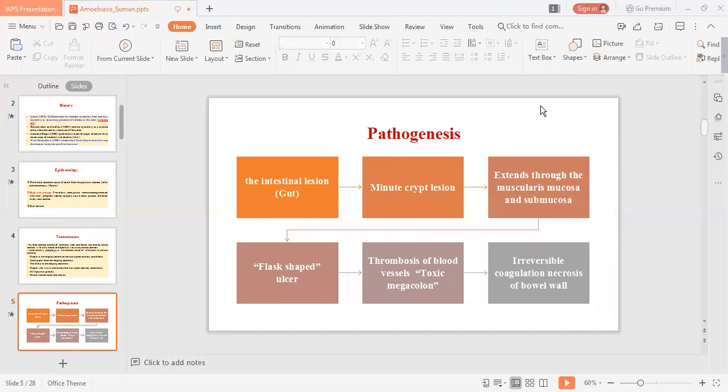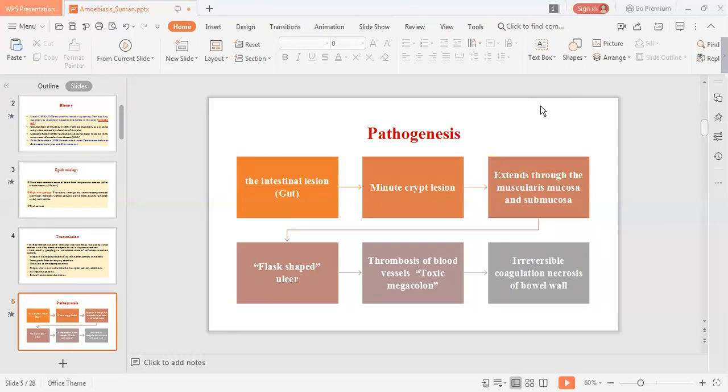Now I'm coming to the pathogenesis. Mostly the mature cyst is ingested via contaminated water or food. It passes through the stomach's acidic environment because it is resistant to acid, and then rests at the small intestine or gut.